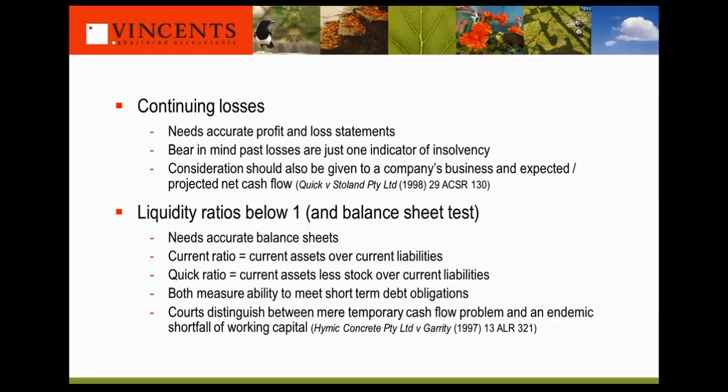So moving on to our indicators, continuing losses. Obviously making losses is a signpost that should alert business people to the possibility of insolvency. Not every business that makes a loss or even a series of losses is in danger of becoming insolvent. A typical example may be a construction or a project-based business where they can incur losses for extended periods with an eventual foreseen payoff at the end.